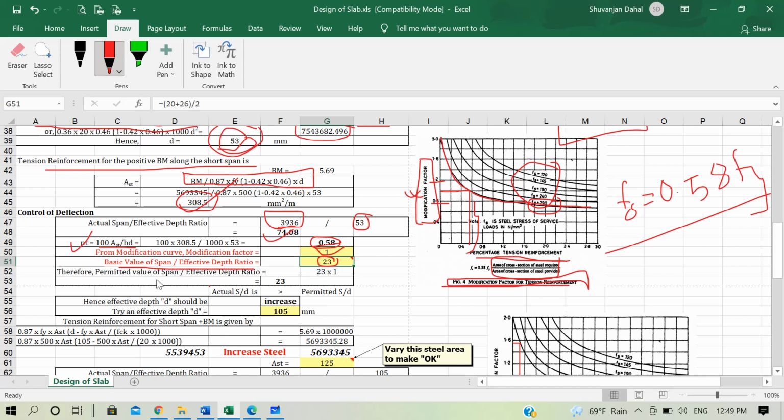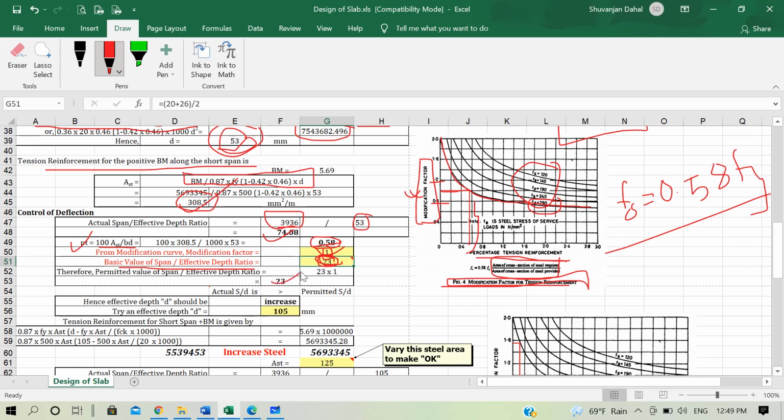So this 23 into 1, you have to multiply this basic value of span by effective depth ratio into the modification factor, 23 into 1, to get the permitted value of span by effective depth ratio, which is 23.